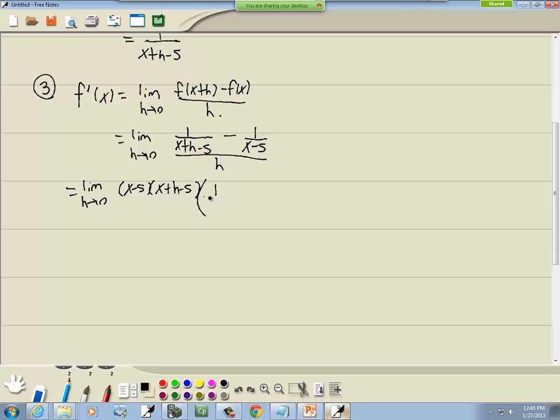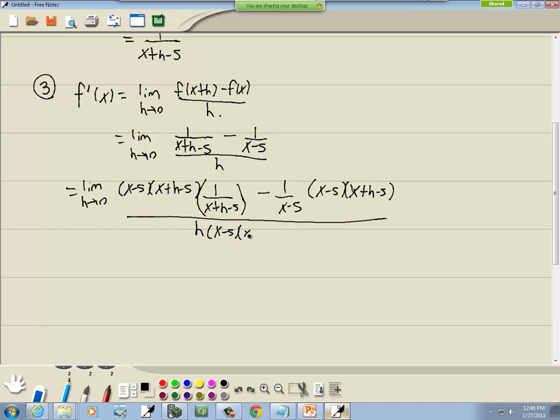So we'll multiply it times our first fraction, times our second fraction up here, and times the h down below. Now we won't actually multiply it through down below, because we're hoping that h will disappear. That's our goal anyway.